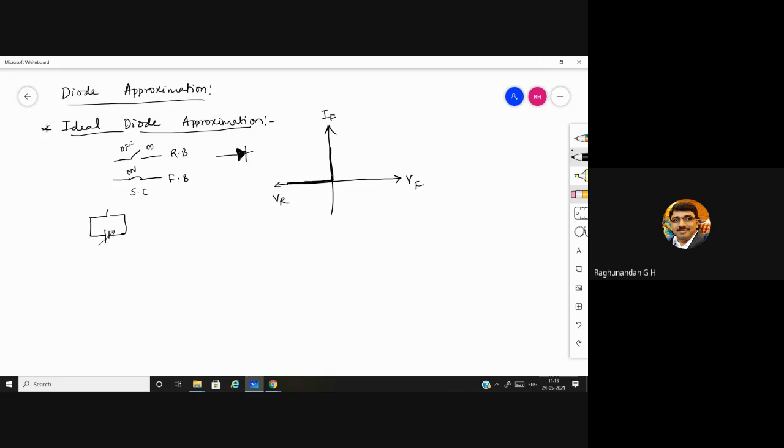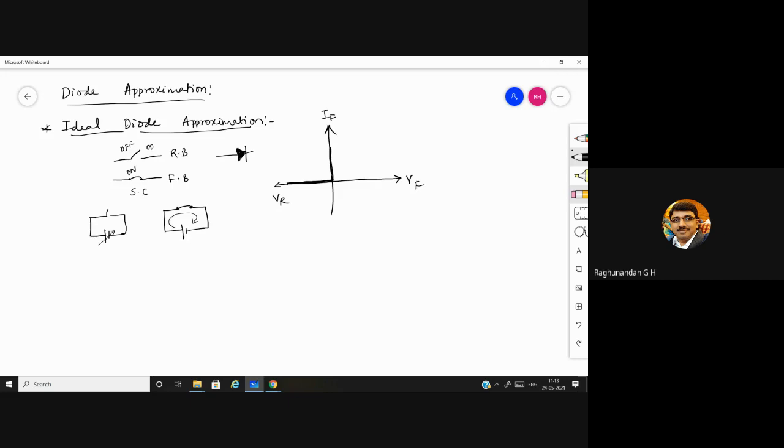They obtained a graph like this. The first quadrant indicates the forward bias condition, where they considered a closed switch. So even when you apply a small voltage, current will keep on flowing.